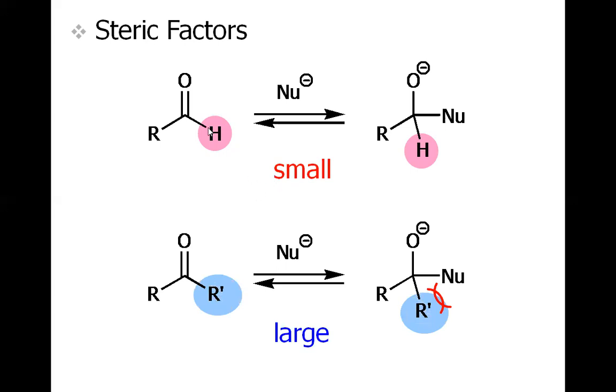So when a nucleophile comes to attack the aldehyde, it is not a sterically hindered site, but when the nucleophile attacks the ketone, we have steric hindrance from that larger group. So the nucleophile finds difficulty in attacking the ketone, but it does not find difficulty in attacking the aldehyde, and hence aldehyde is more reactive in comparison with the ketone.